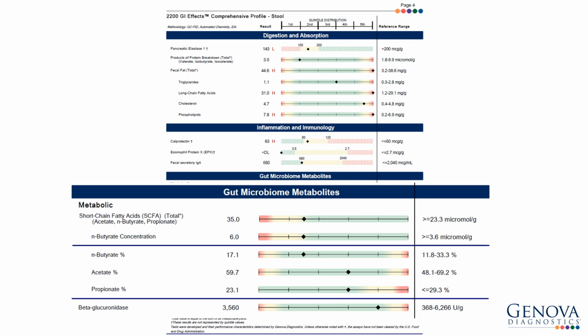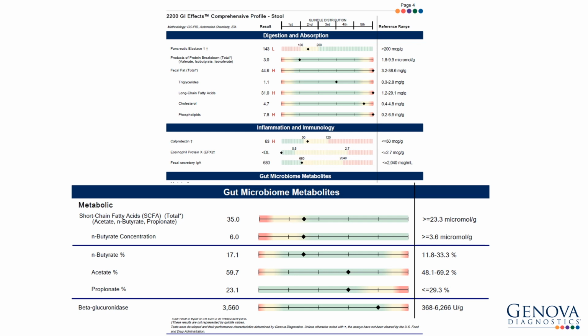The patient's total short-chain fatty acid level is low normal, including their N-butyrate level. Low concentrations suggest either dysbiosis or inadequate substrate for commensal organisms to ferment. While optimal levels have not yet been identified, higher concentrations have been associated with decreased GI disease.